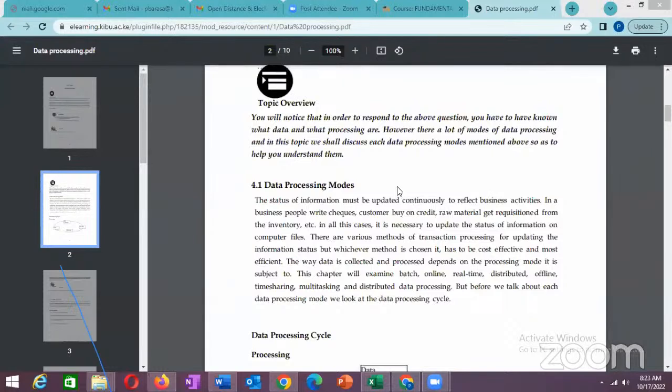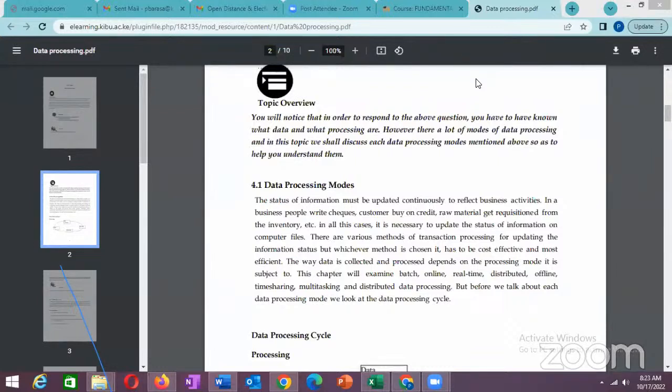You can see data is raw facts. Good. I can see you know what data is. From your screen, I think you can see how people are responding.